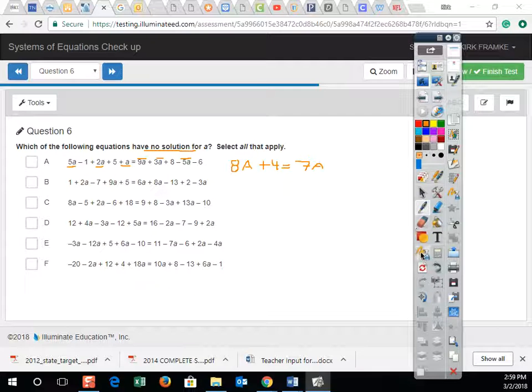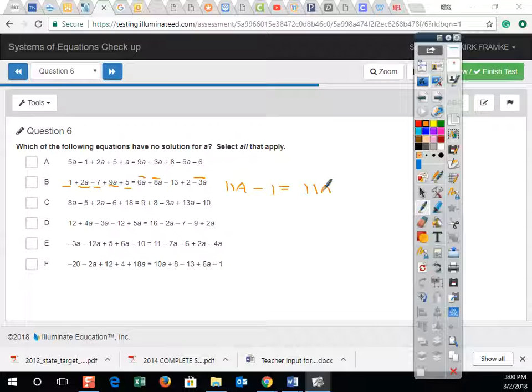So for our next one, we have 2a plus 9a, so that is a total of 11a. Then we have 1 minus 7 for -6, plus 5 for -6 plus 5 is -1. 6a plus 8a is 14a. 14a minus 3a is 11a.